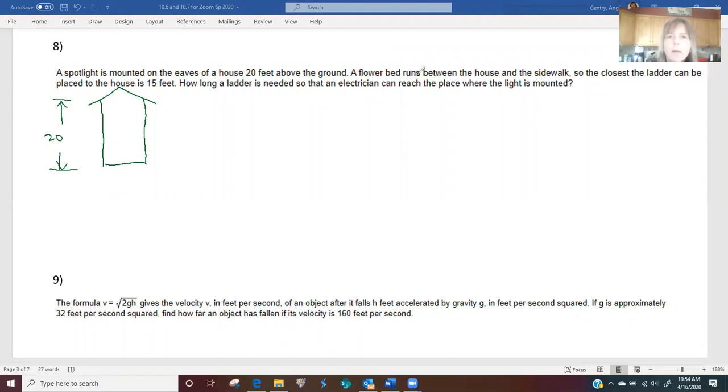And then we have a flower bed that runs between the house and the sidewalk. So the closest the ladder can be placed to the house is 15 feet. Here's your flowers. And this thing here is 15 feet. Okay.